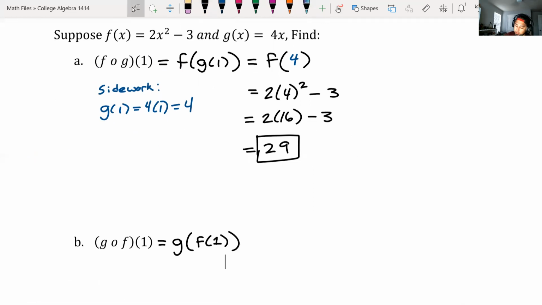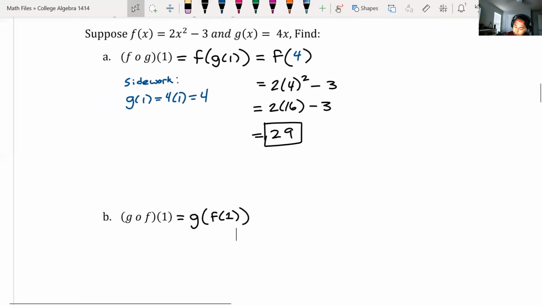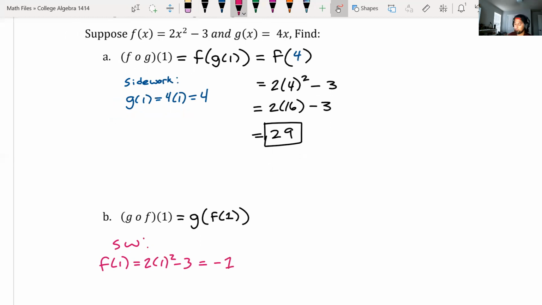So let's go ahead and figure out what f of 1 is. So again, little side work. We'll look at f of 1, and that is 2 times 1 squared minus 3. And that'll give me just 2 minus 3, or negative 1. So f of 1 is going to be negative 1.